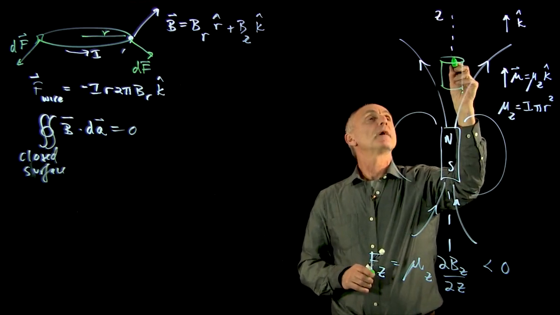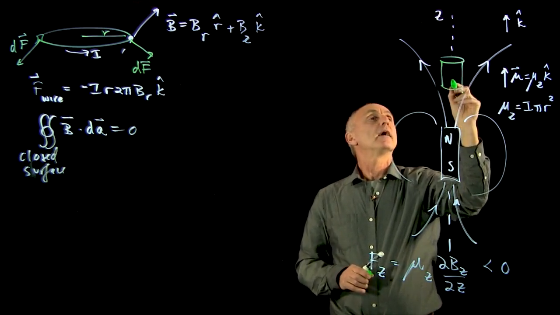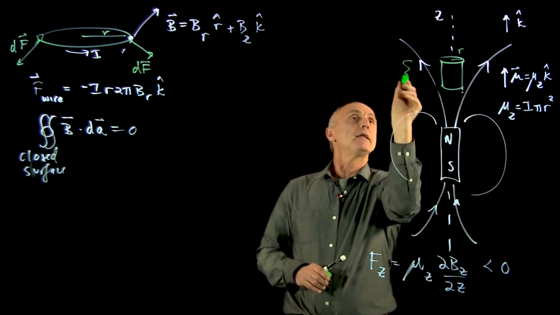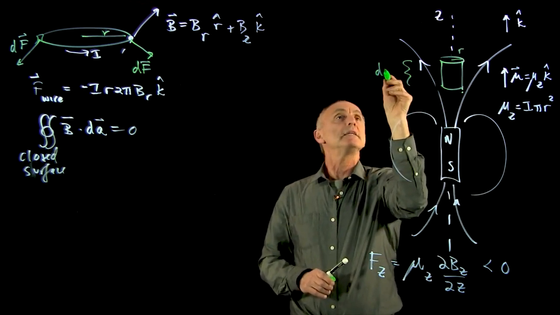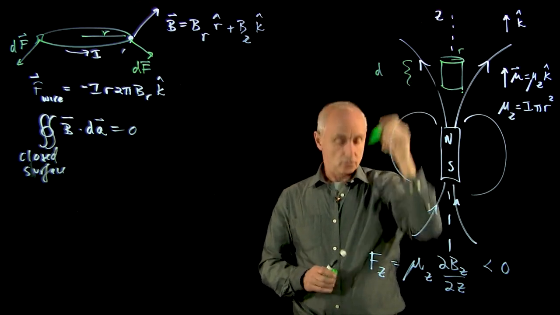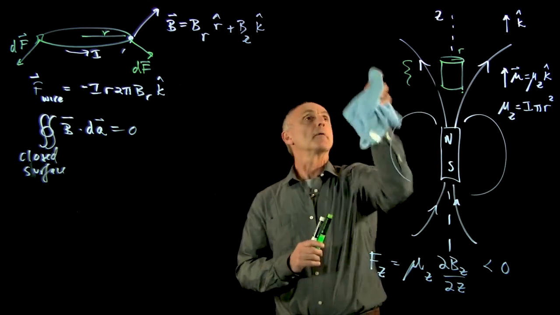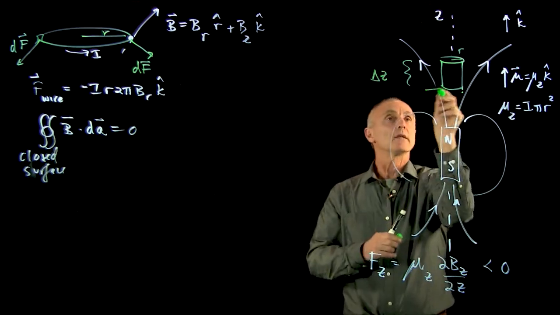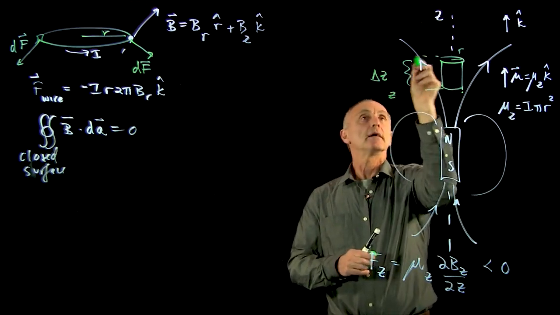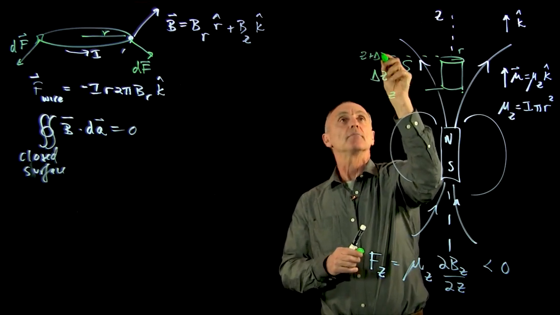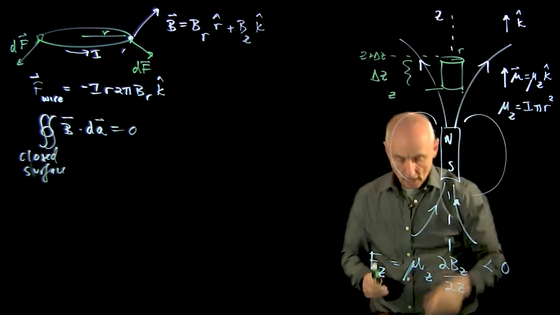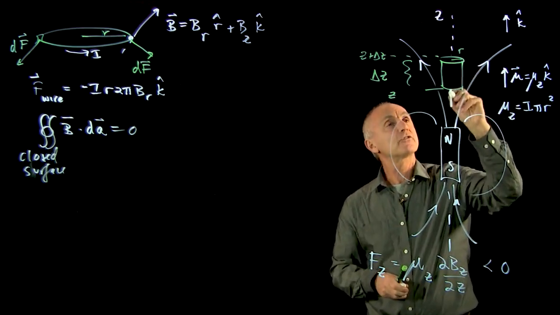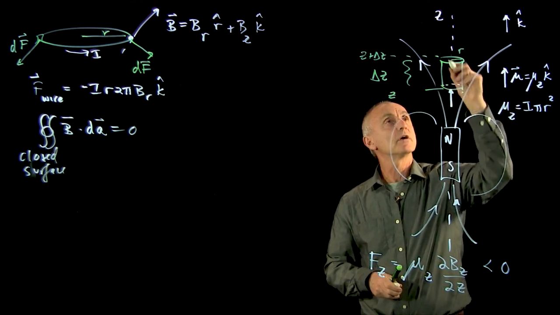And this surface has an area, radius r, and a height dz. We'll call this delta z. And this is the point z, and of course up here is z plus delta z. Now, on this surface, notice that we have magnetic flux coming into the bottom face.